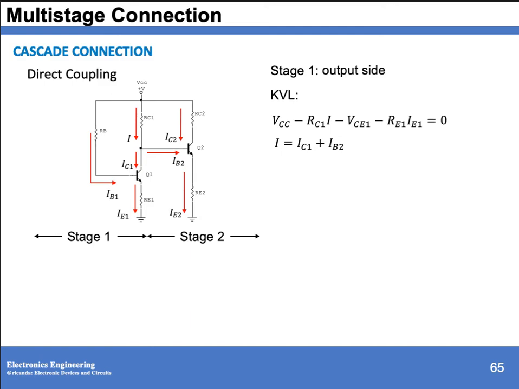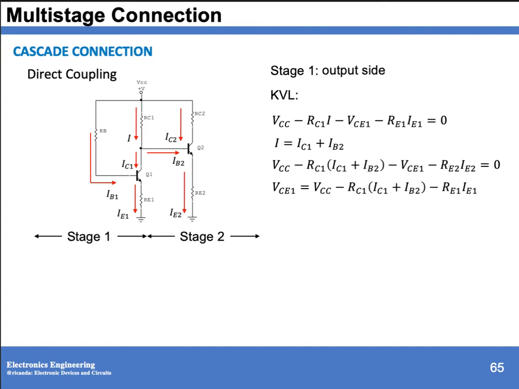So we have to substitute that to your I in your RC1. So we can solve for your VCE1 equals VCC minus RC1 times IC1 plus IB2 minus RE1 IE1. Since we don't know the value of IB2, we have to go to your stage 2. So first, the equation of your VC1 is equal to VCE1 plus RE1 IE1.